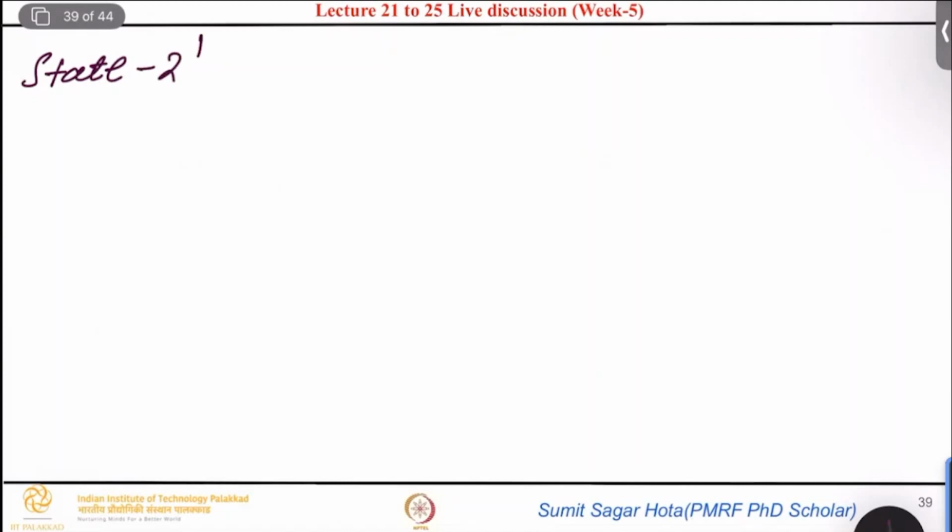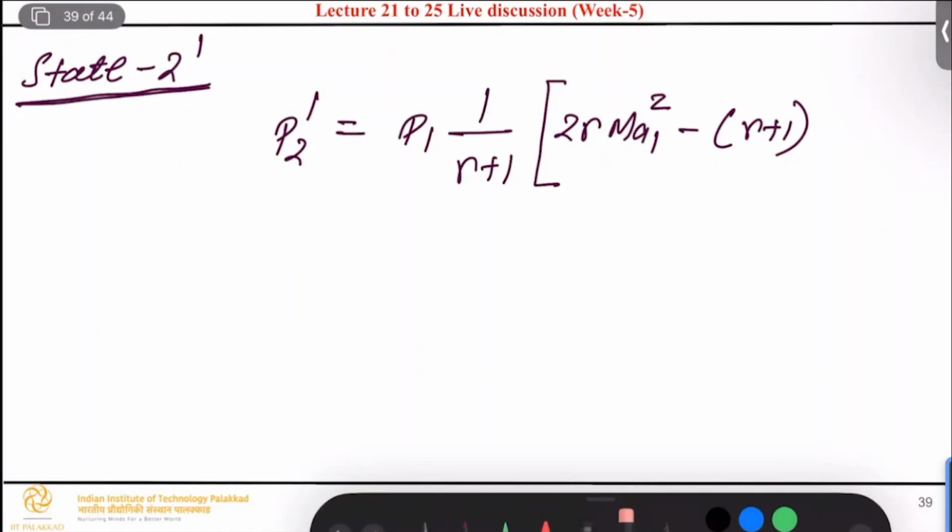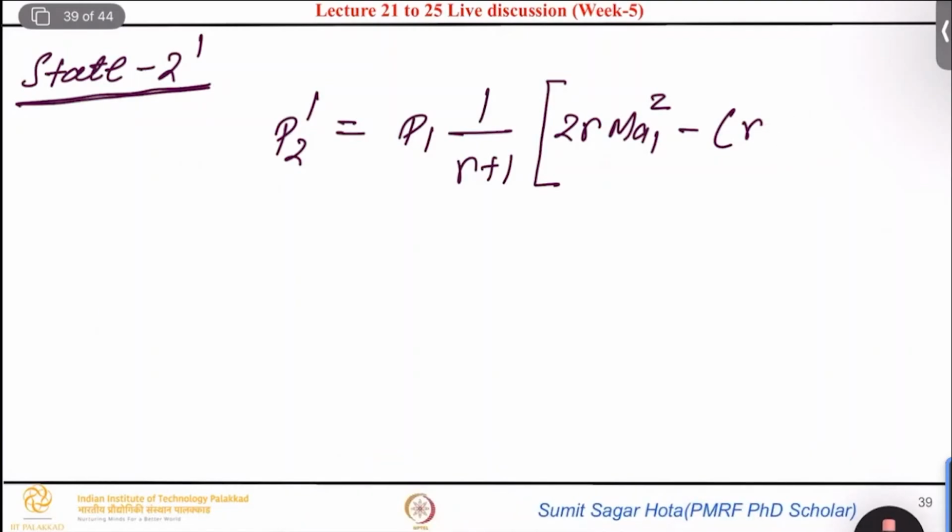Now state 2 dash. P2 dash is equal to P1 times 1 by gamma plus 1 times 2 gamma Ma1 square minus, sorry, this is gamma minus 1. This is the formula for P2 dash.